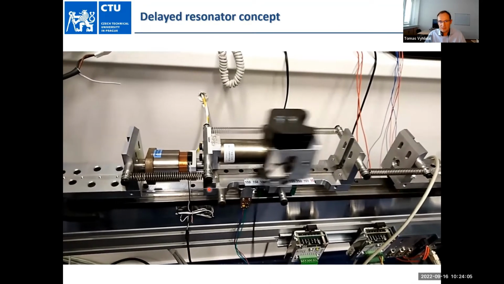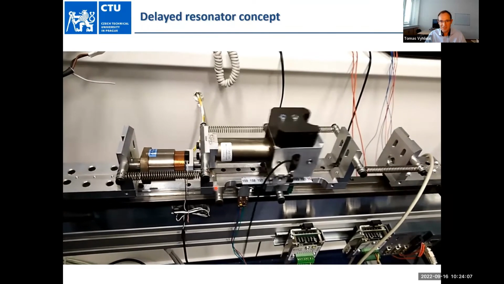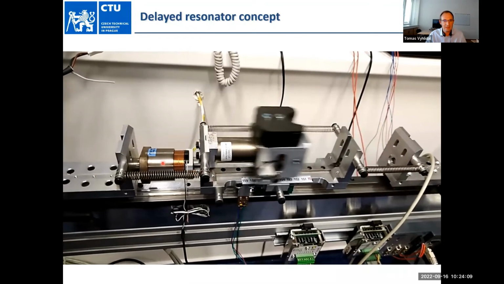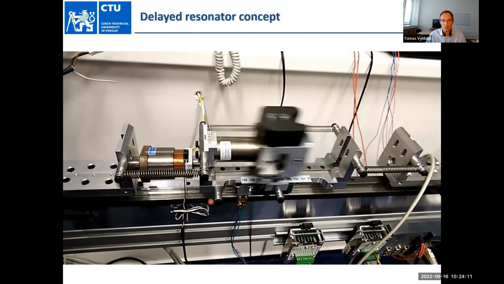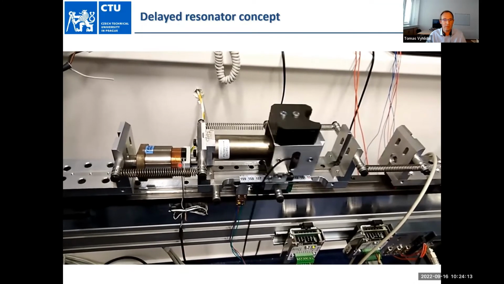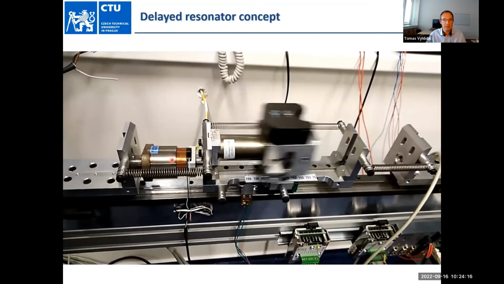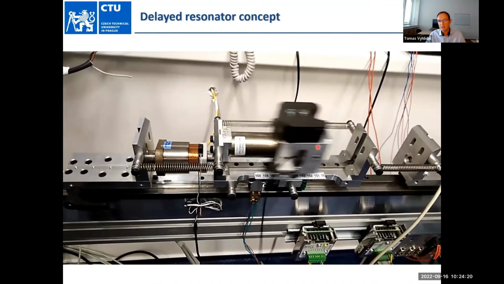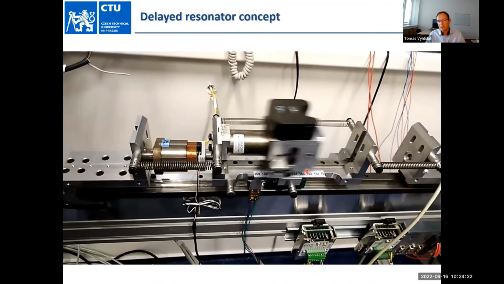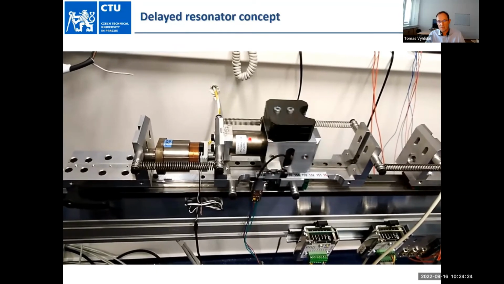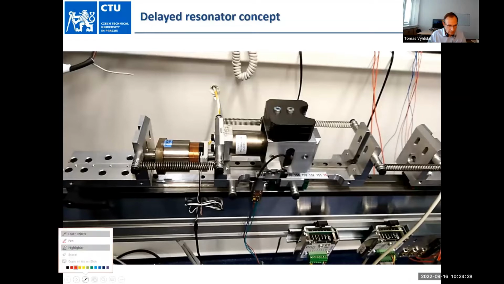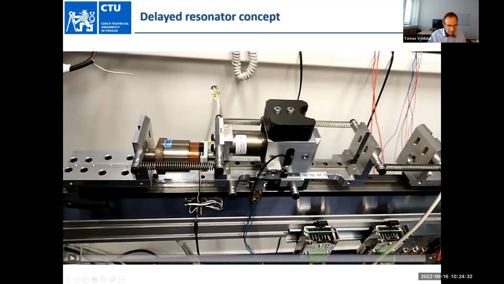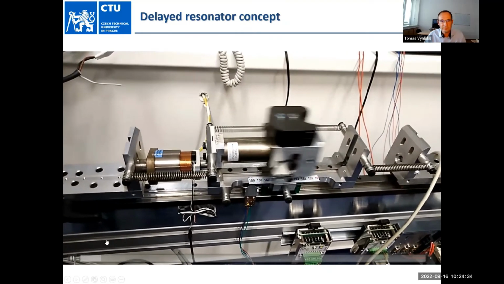You will see this setup in several videos here. We excite the position of this platform with a linear magnetic shaker, a voice coil. And this part is the mass of the resonator. Here we have another linear motor. Maybe I will run it again.